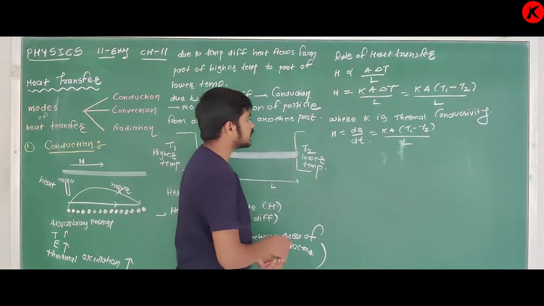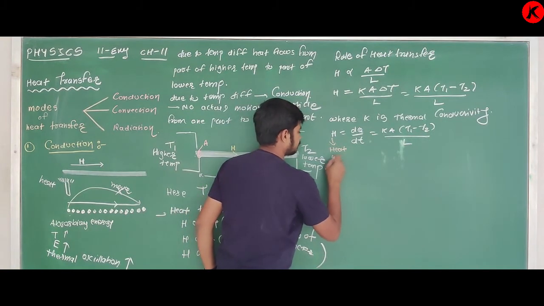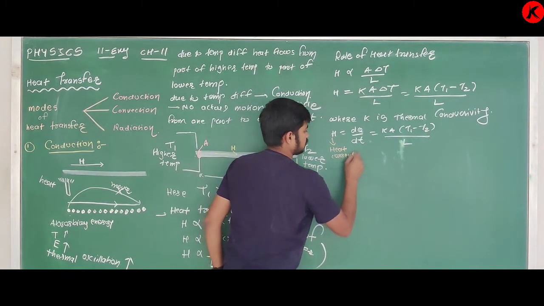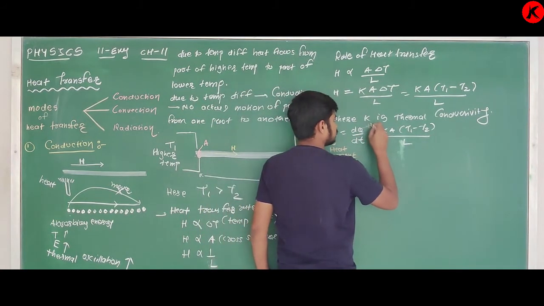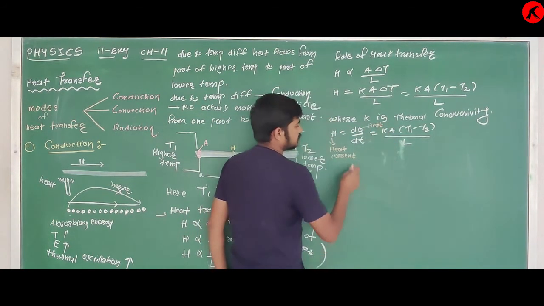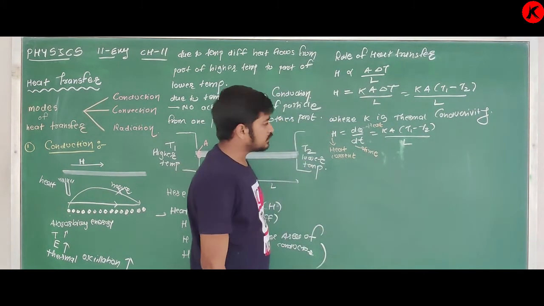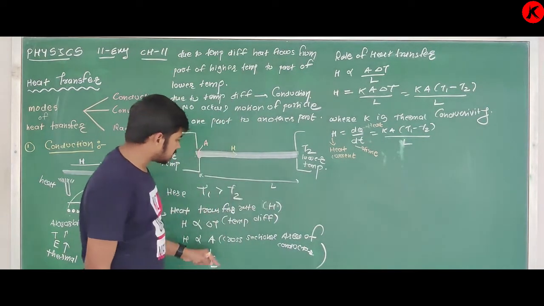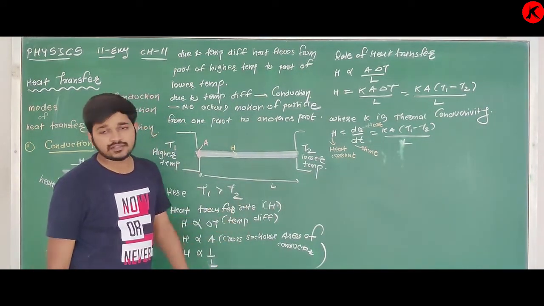H you can say is heat current also. dQ is heat energy. dt is time. K is thermal conductivity. A is cross-sectional area and L is length.